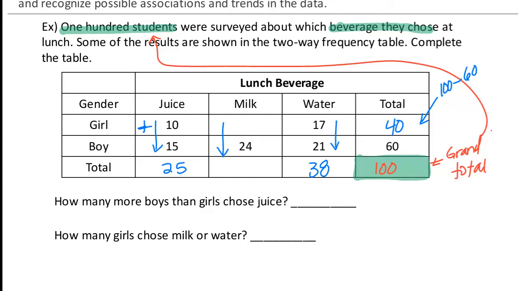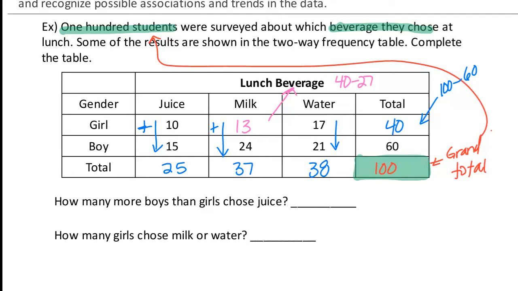For this box right here, you can take 10 plus 17, which gives you 27. We do 40 minus 27 to get that box, which gives you 13. Now I can add 13 plus 24 to give me 37.